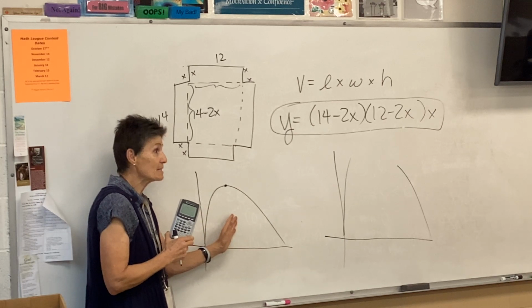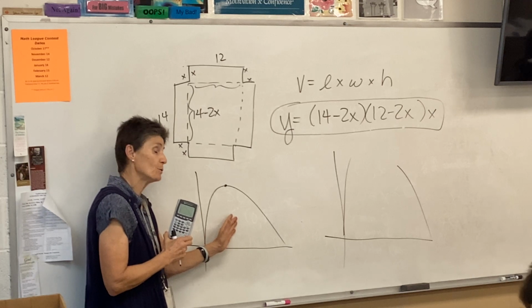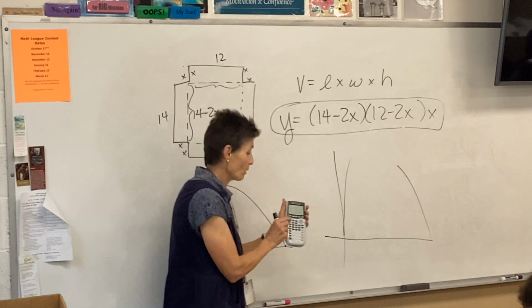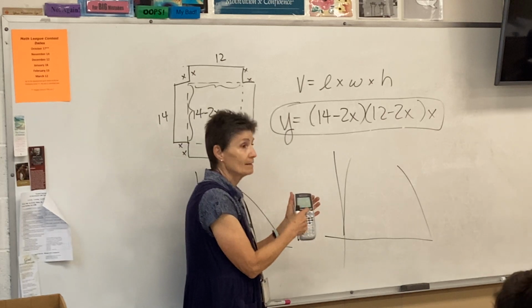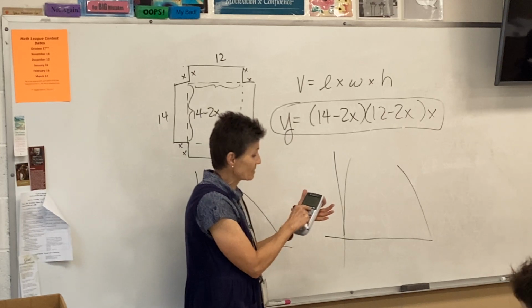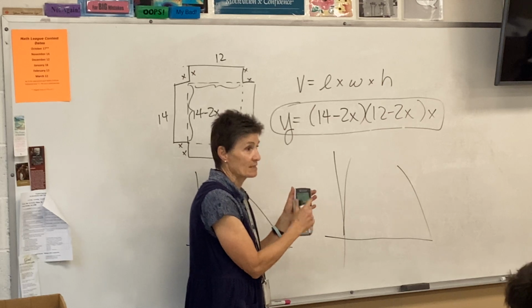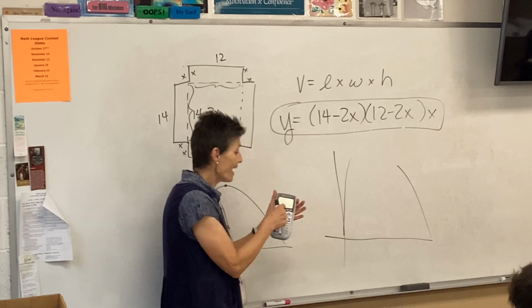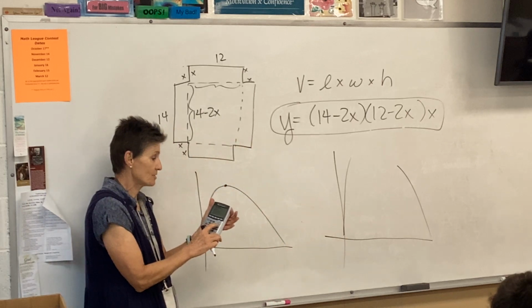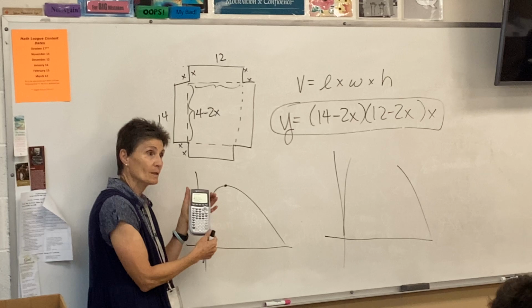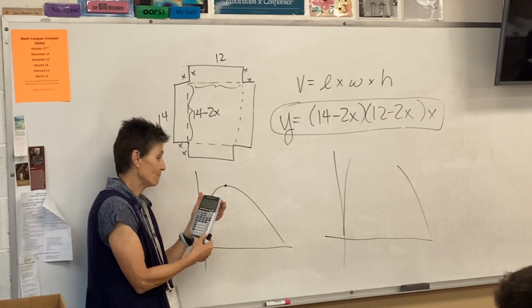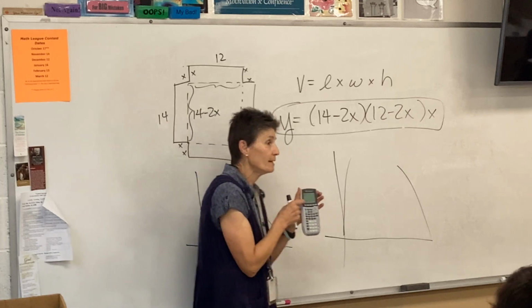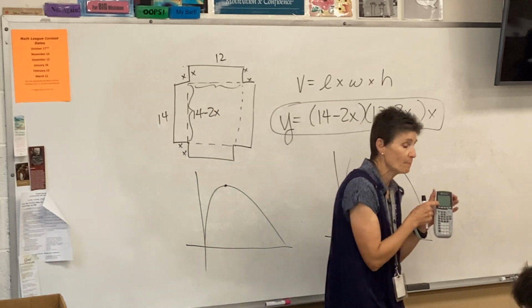All right, write down these steps unless you've done this before and you can remember. To find the maximum, we press second, and it's this button right here. It says trace, but above it is calc, and that's the button we want. So second, calc. In that list of options, do you see maximum? So we're gonna pick it. And now the calculator's talking to me. It says, what is your left bound?